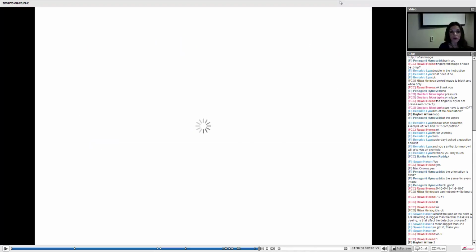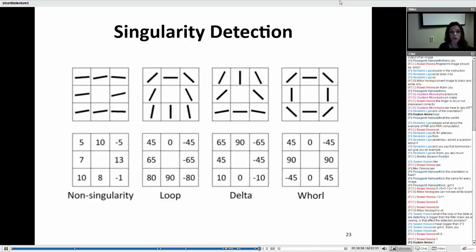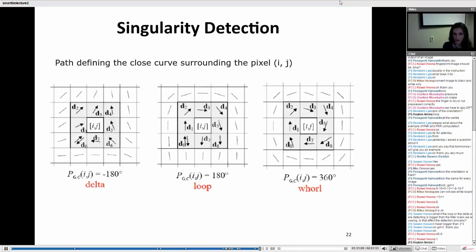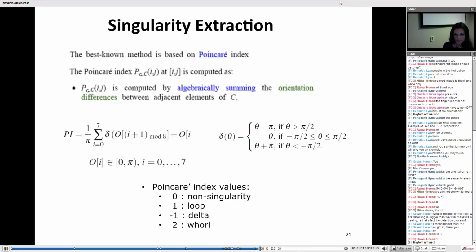Now this is not enough, so we need to check the normalization. So we go back to how this orientation looks, right? 45, so you can see. And then in the formula, our difference value is 45.